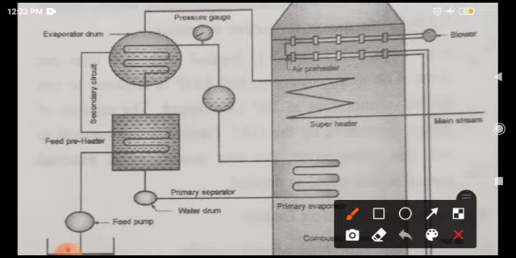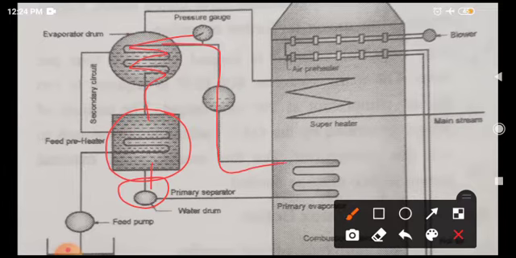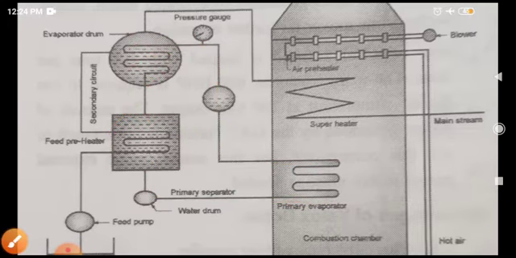Let me show you first. Let's start from this water drum. Water goes through it, then from this again to the furnace, and this completes the first cycle. Let's talk about the next cycle.